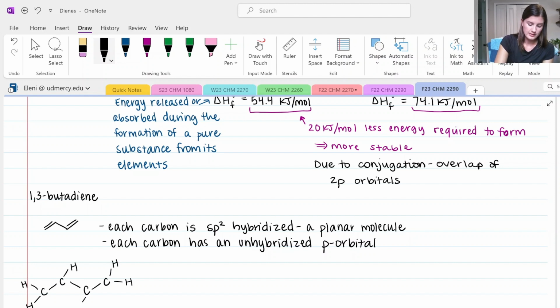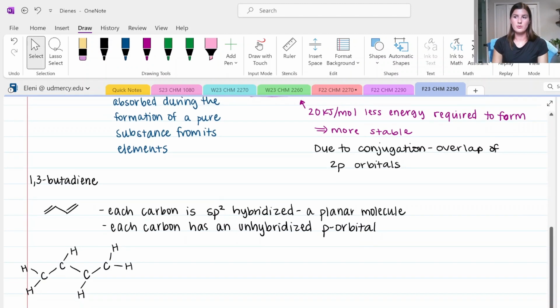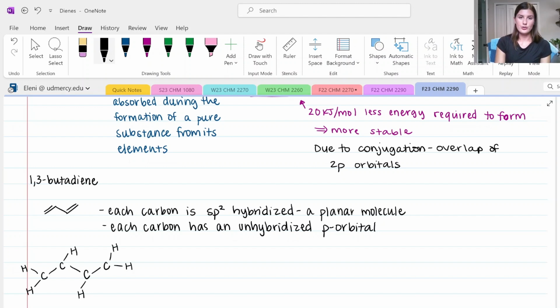The 2 carbons in the center are bonded to 1 hydrogen. So if you look at 1,3-butadiene and you ignore just the pi bonds for now, you should be able to draw out these single bonds with the implicit hydrogens.